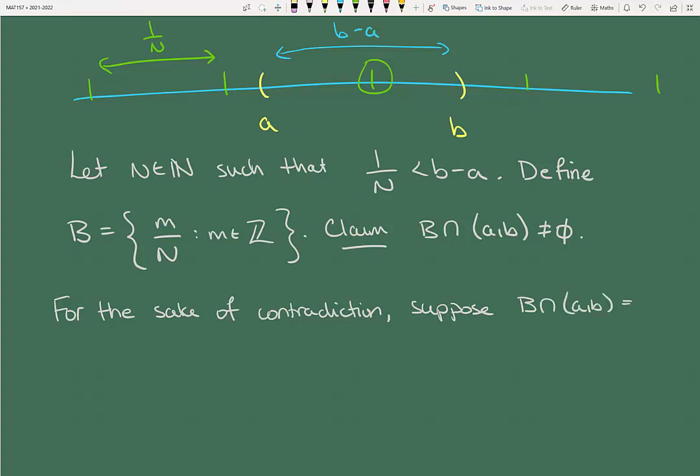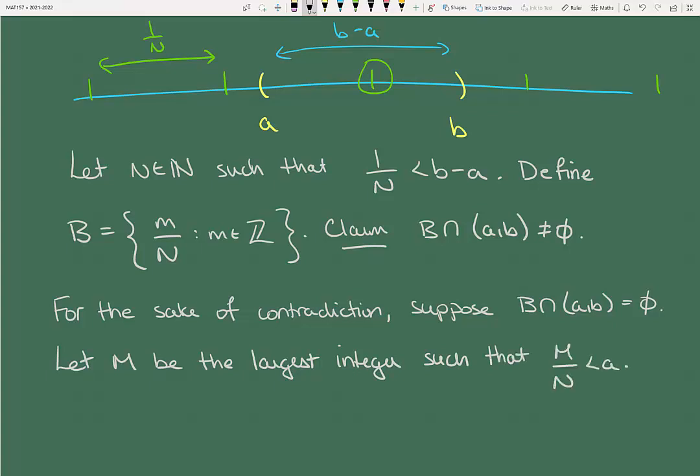What we're going to do then is choose the largest integer m which makes m over n less than a. So let m be the largest integer such that m over n is less than a. So this is an element of our set B here.